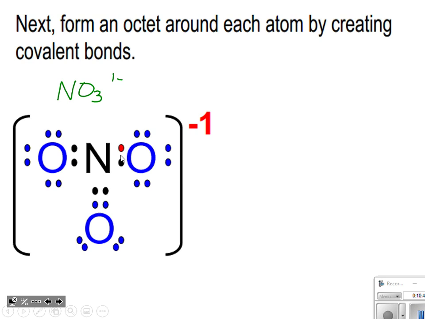Okay? So, this whole unit here is covalently bonded together, but yet it has a charge because it gained 1 electron.